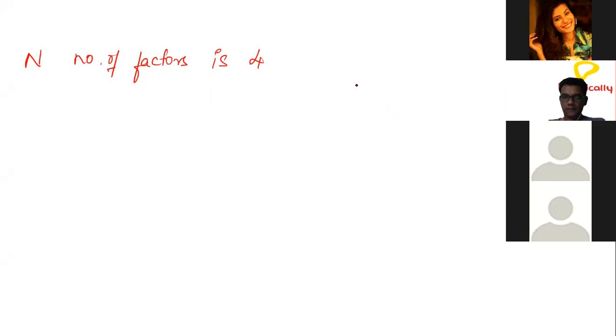Number of factors is 4 and n is less than 100. Can you tell me how many values of n is possible?